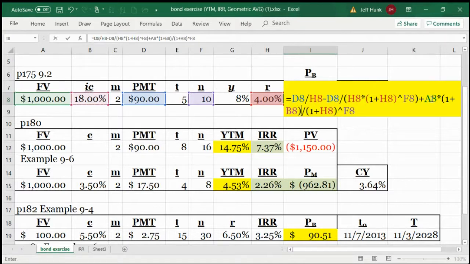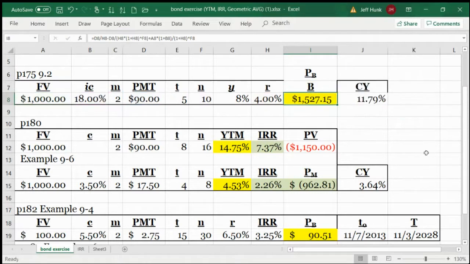So I will adjust the face value like this. The face value is 1,000. If I multiply it by 1 plus B8, which is 18%, that gives me 1,180. 180 is one more year's coupon payment. Isn't that right? So that's the call premium. You hit enter, and it comes to 1,527.15. That's the call bond, valuing it as a call bond.